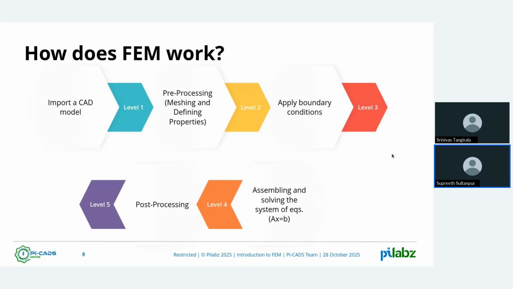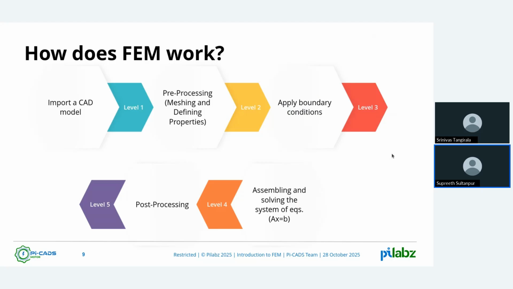Then you apply boundary conditions. Boundary conditions are those external constraints that you impose on your model. For example, on this chassis, the chassis is always on the floor, say. So that could be one of your boundary conditions. And once you do this, there is something called assembly.